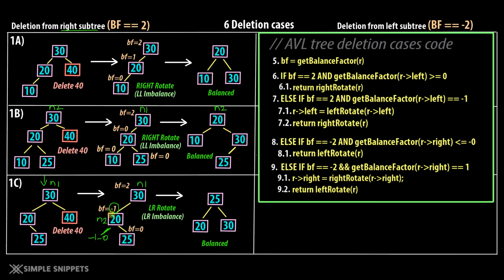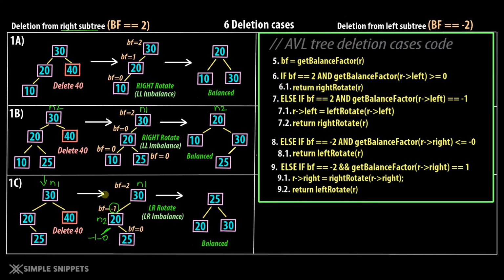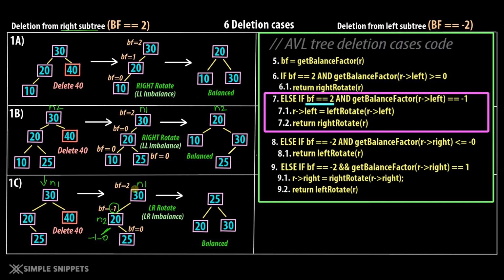So this does not fall under the first if condition, which is step number 6 you can see. In step number 6, the condition is the balance factor has to be equal to 2 for the root node N1 and the balance factor of the left of this root node, which is N2 over here, has to be greater than or equal to 0. But now the balance factor is less than 0, which is -1. So for that we have the next else if condition, which is point number 7, which says that if the balance factor is equal to 2, yes, it is 2 for N1, which is the root node.